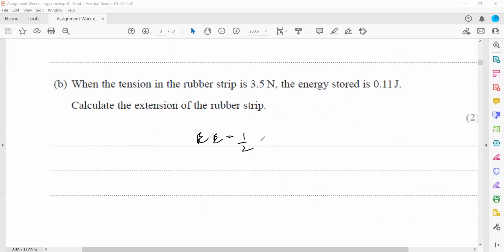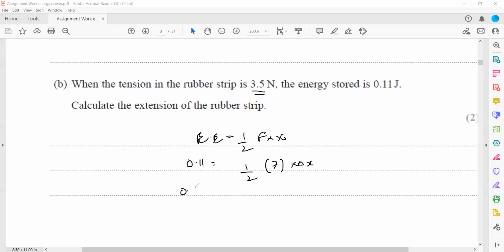Elastic strain energy is half force into extension. The total is 0.11. It is half. The force will be, because they mentioned the tension in the rubber strip is 3.5, so 3.5 each side, so total will be 7, multiplied by the extension, which we don't know, that we are finding.